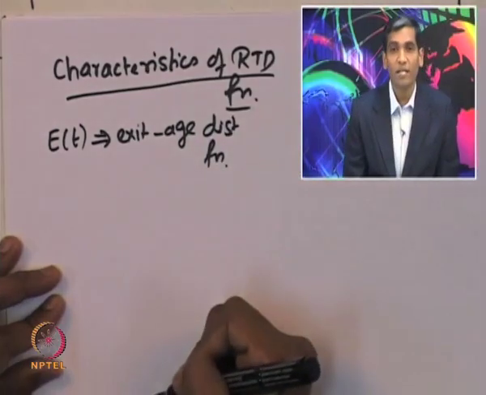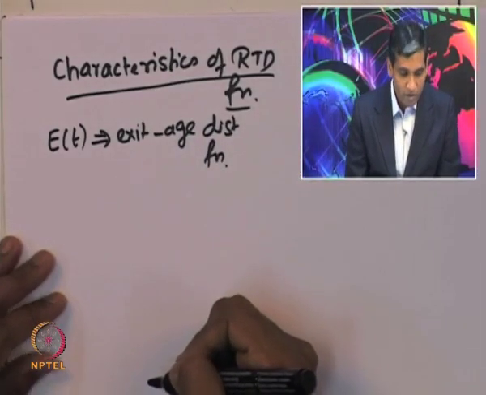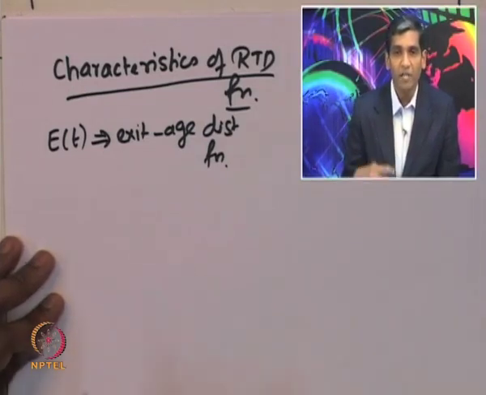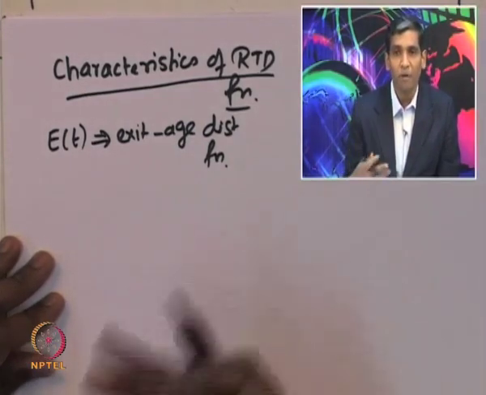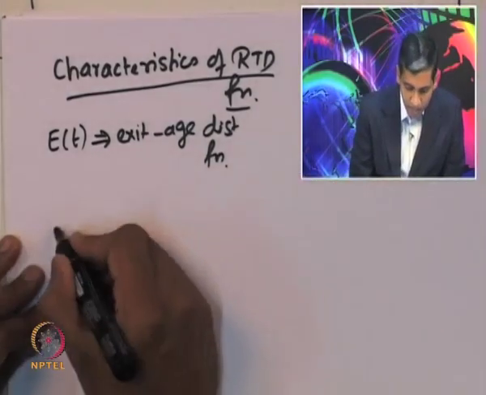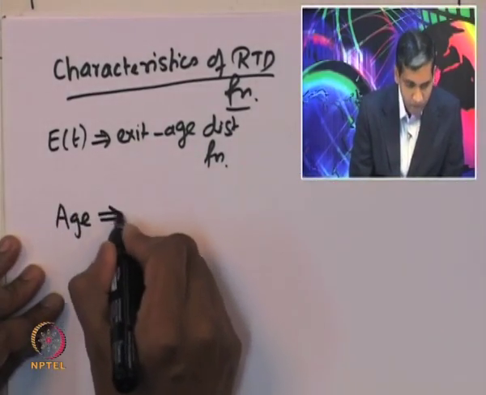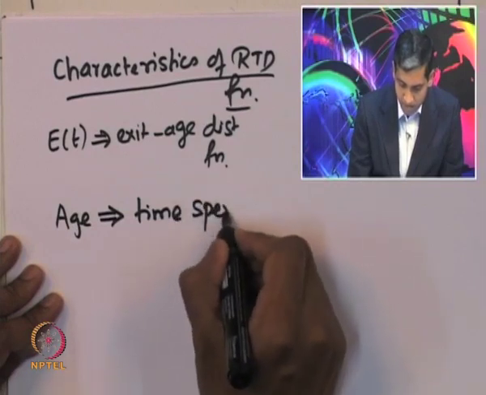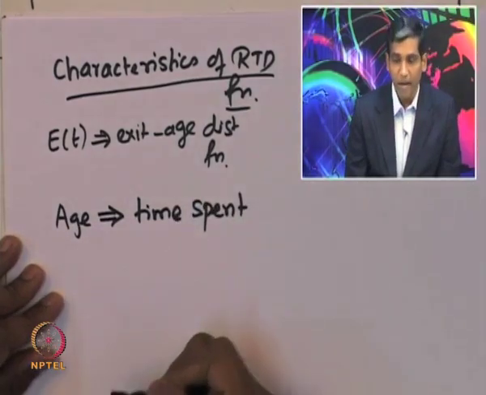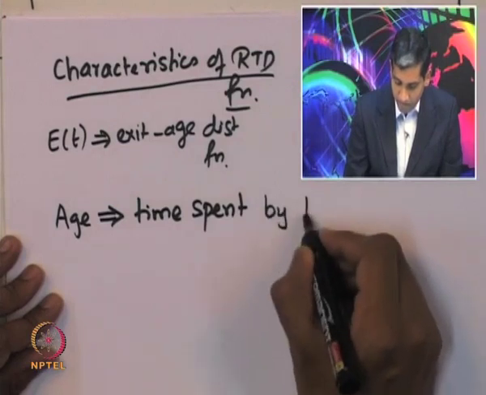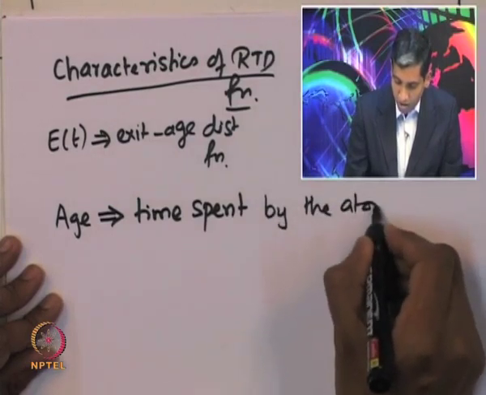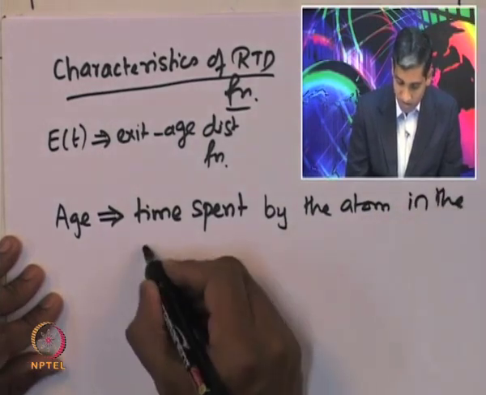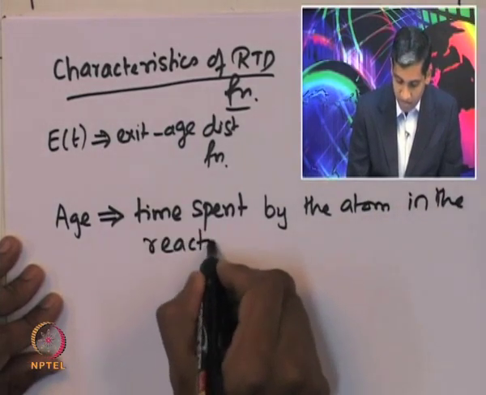Let us define what is meant by the age of an atom or a molecule of a material. The age is defined as the time spent by the atom or molecule in the reactor vessel.